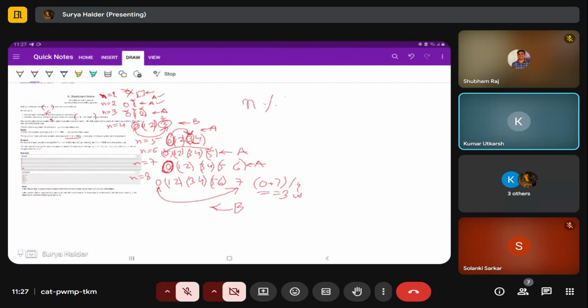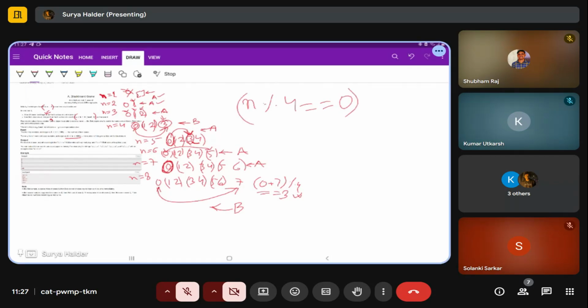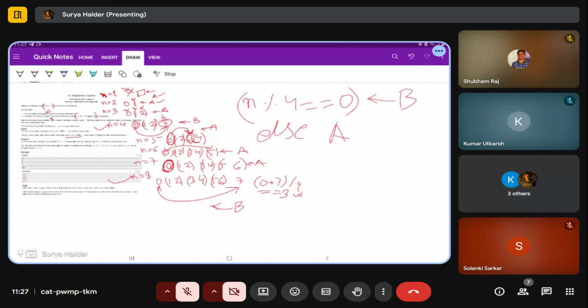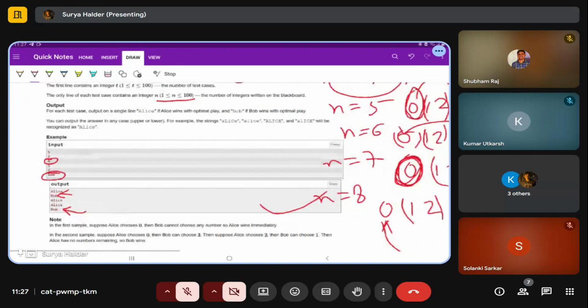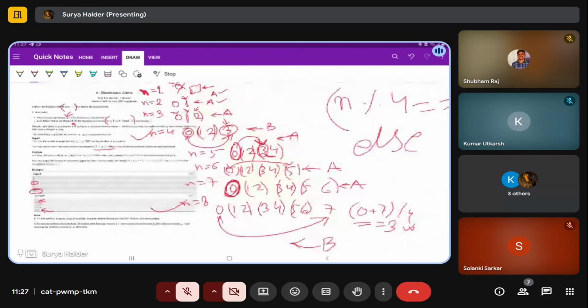If n modulo 4 is 0, like n equals 4 or n equals 8, then Bob will win, else Alice will win. See, for the test cases also, Bob is winning for 4, and Bob is winning for the last case, 100, which is also a multiple of 4. Is this solution clear to everyone?